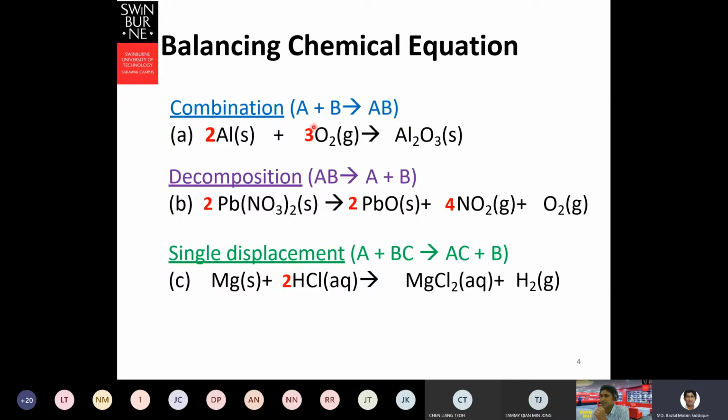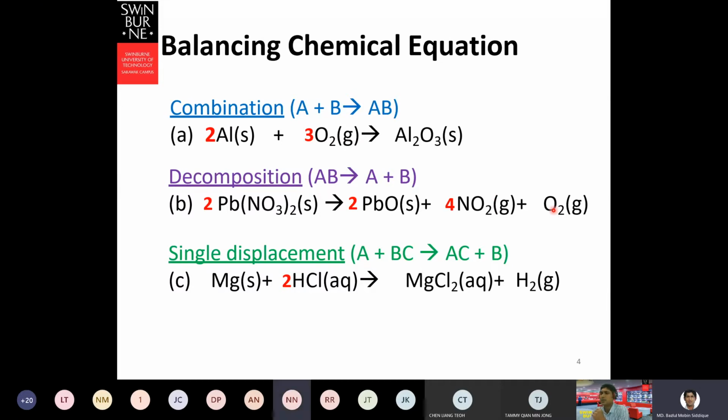Here is 6 oxygen atoms, and here is 3 as well, I mean, it's converted to 3 as well. And for this lead nitrate, 2 lead nitrate is going to produce 2 lead oxide, and we have to make sure that nitrogen, oxygen and lead are all in equal amount on both sides. Okay, so this is the balancing of the equation.